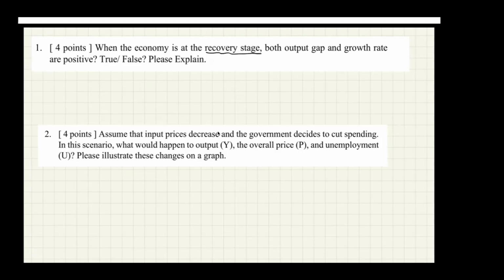let's use another color, the output gap and growth rate. The growth rate is positive, right? Because now the economy is recovering and it would be a positive growth rate, but actually the output gap is not positive, it's negative. Why?